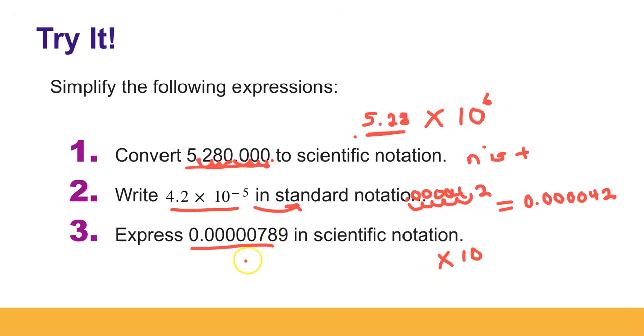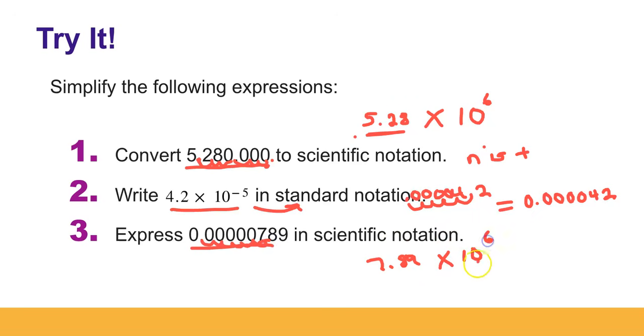I'm going from a small number, so I want this number between 1 and 10, so 7.89 would be that coefficient I'm looking at. And now from that, we just need to figure out how many decimal places did we move? 1, 2, 3, 4, 5, 6.